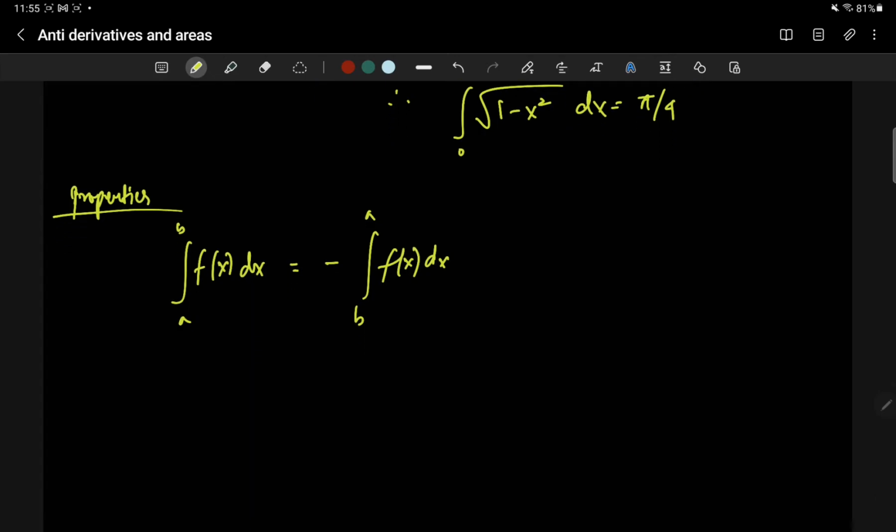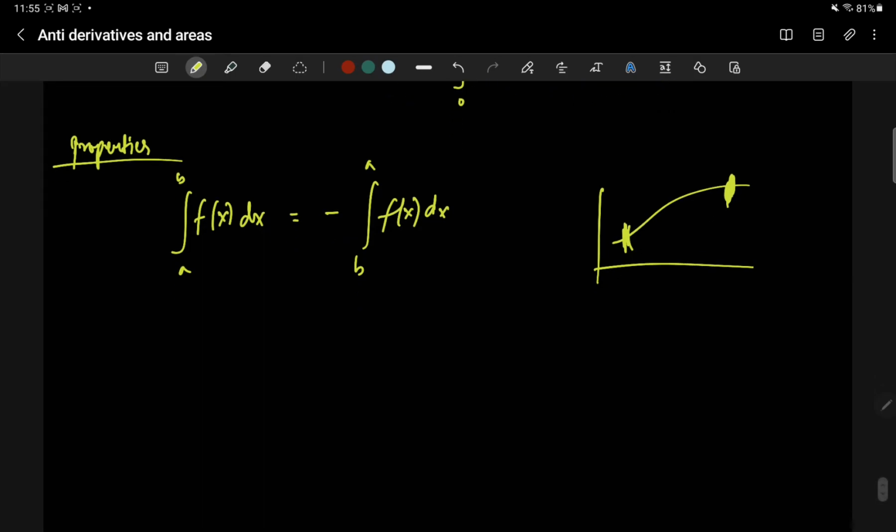This makes sense because you're evaluating the area going from here to here, and if you invert the process, that's going to be a negative area. If you think about capital F, f of b minus f of a is going to be the same number as f of a minus f of b, just switched around with a negative.